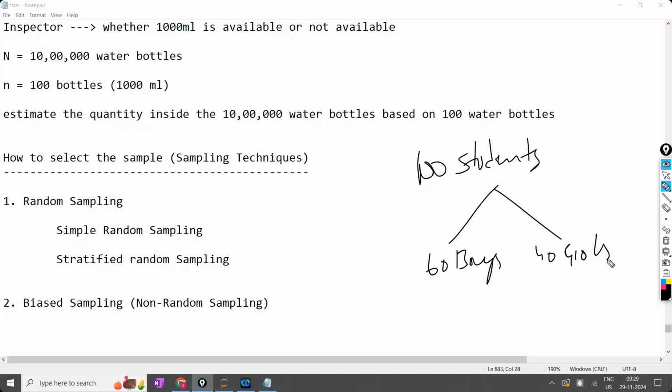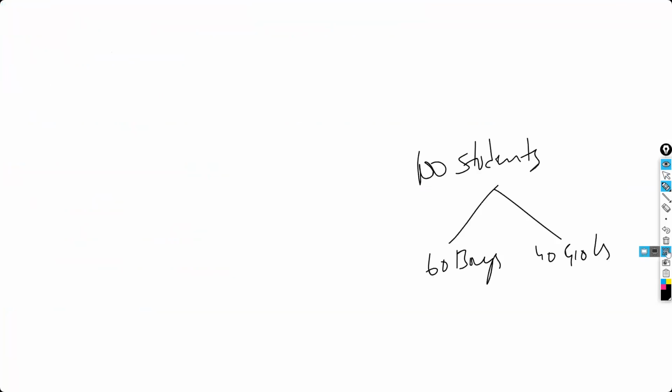Now, I want to select some students, say 10 students. Out of the 10 students, I'm going to maintain the original ratio. What is the ratio? 60 is to 40, that is 6 is to 4, which is nothing but 3 is to 2, right?